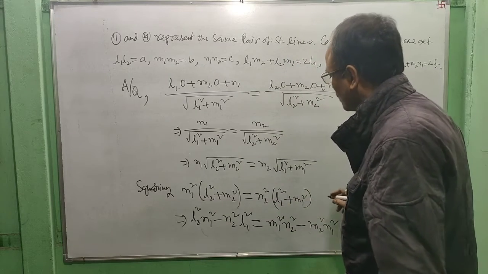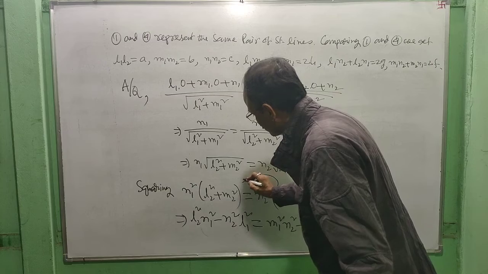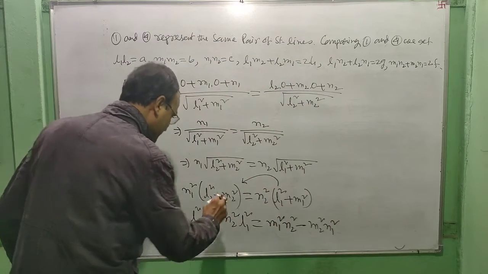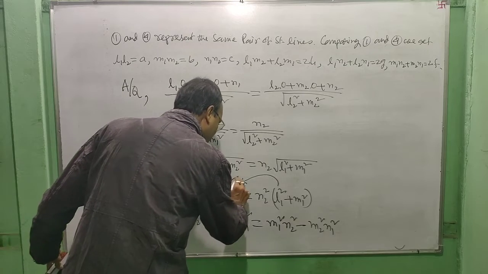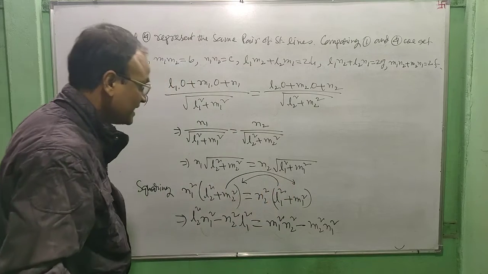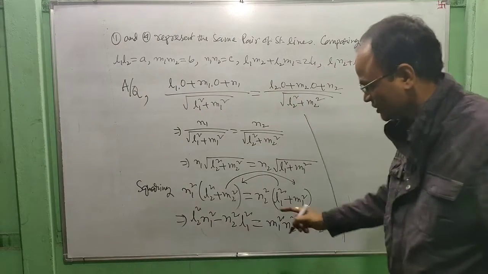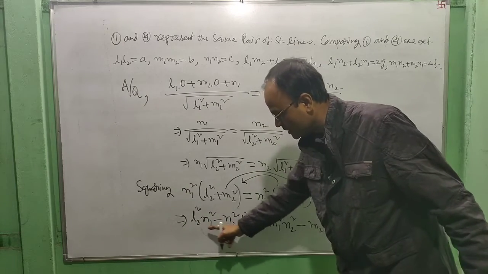We have taken this term to the left side and this term M2 square N1 square to the right side. Now see, what is of the form a square minus b square?